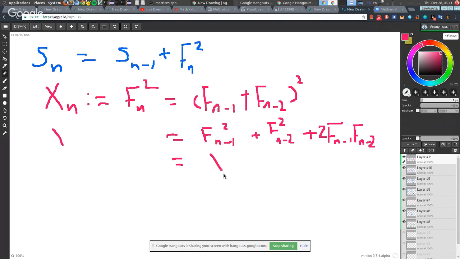So as we can see, this is equal to xn minus 1. This is xn minus 2. And this is 2. And this part, we call it another recurrence.